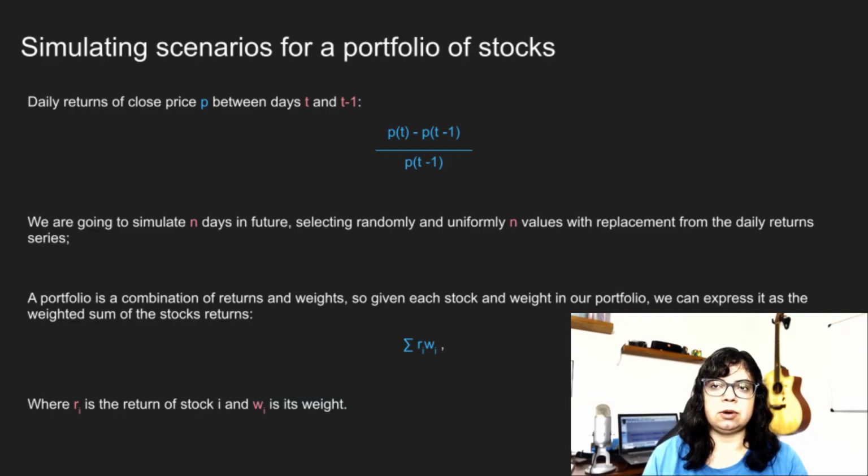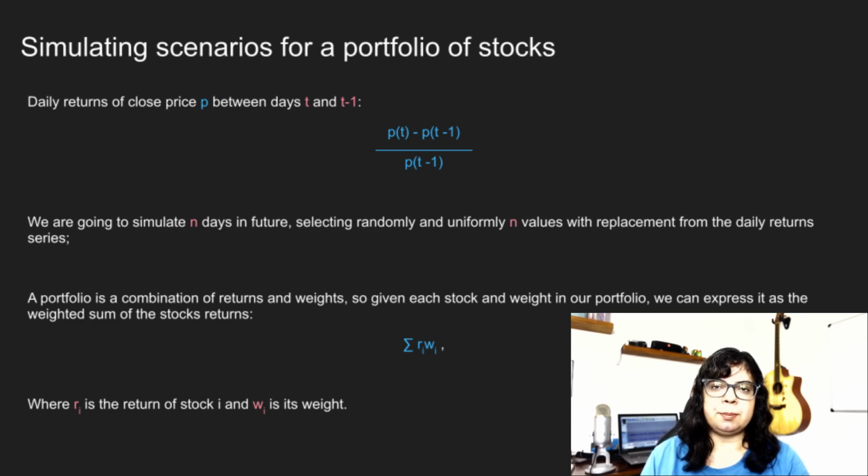So now that we have our portfolio composition, for each stock of the portfolio, we are going to calculate the daily returns of the closing price, and after we have the returns, we are going to simulate any number of days of our portfolio in the future, selecting randomly and uniformly values with replacement from our daily return series.